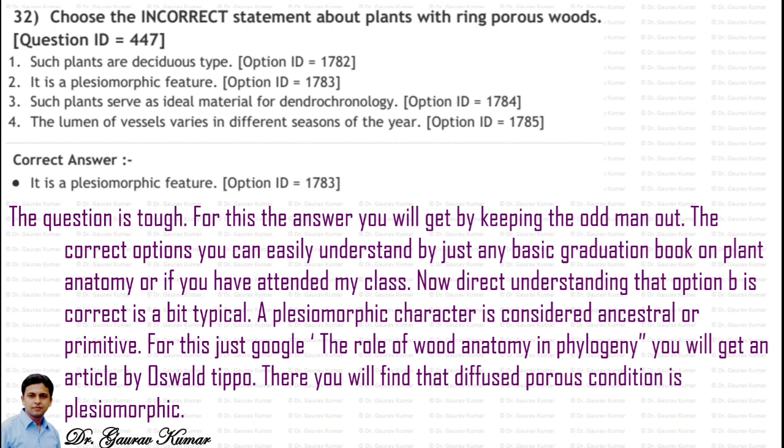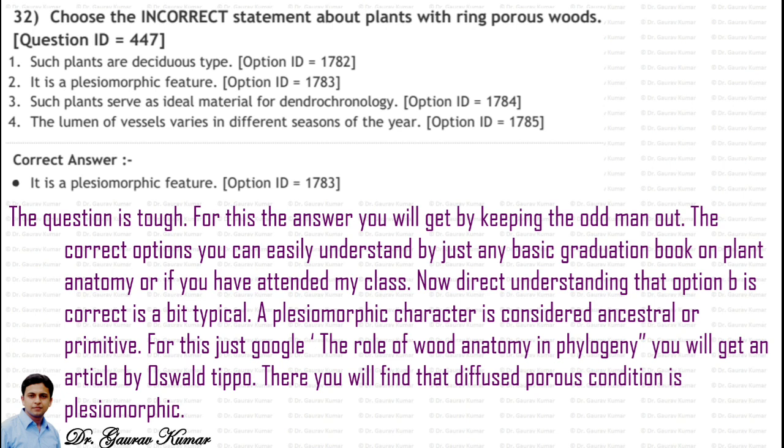So now let's see what option B is actually saying. A plesiomorphic character is considered ancestral or primitive. For this, you just have to Google the role of wood anatomy in phylogeny. You will get an article by Oswald Tippo. There you will find that the diffuse porous condition is actually a plesiomorphic or ancestral character.